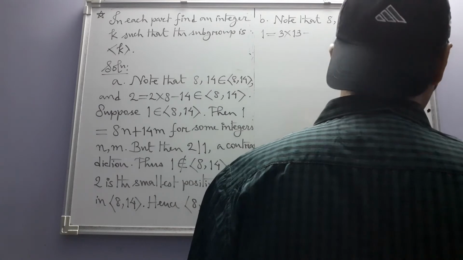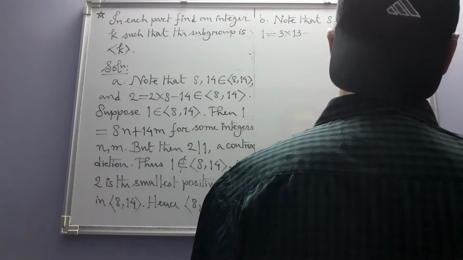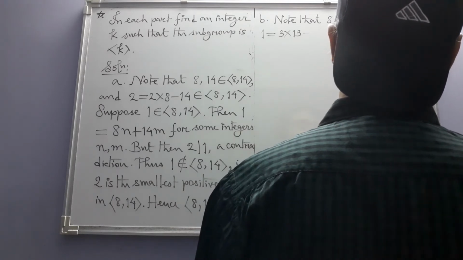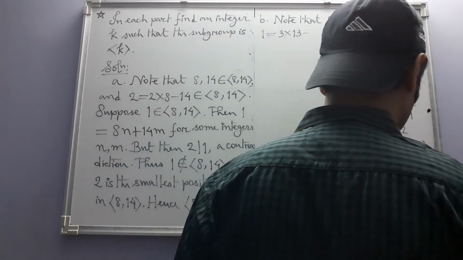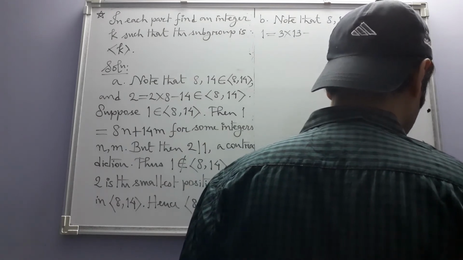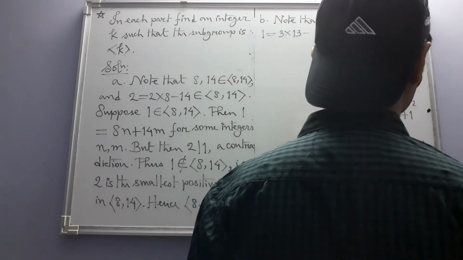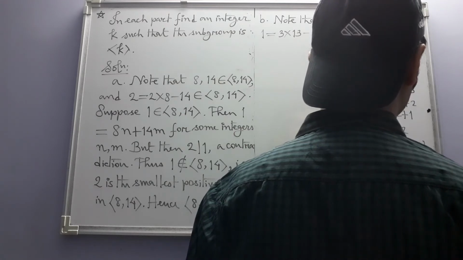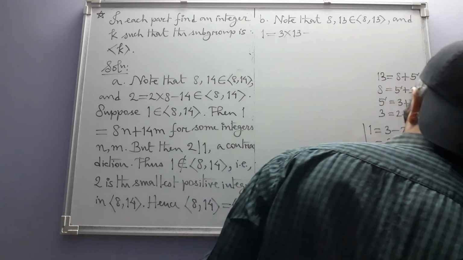Okay. 8 minus 3, so this becomes 3 times 3 minus 8. 8 is 13 minus 5. Oh, then we again are having 5.